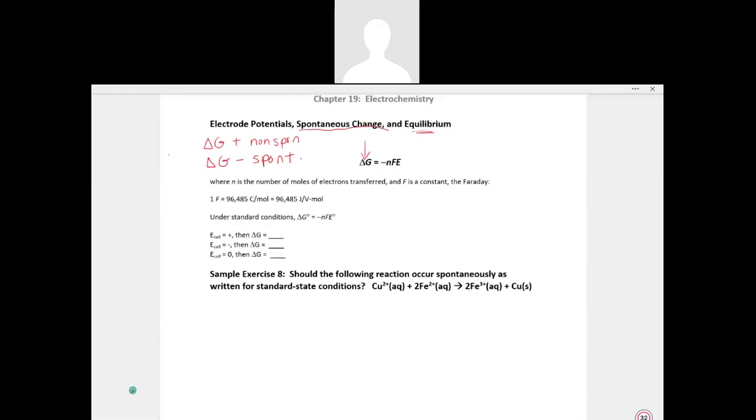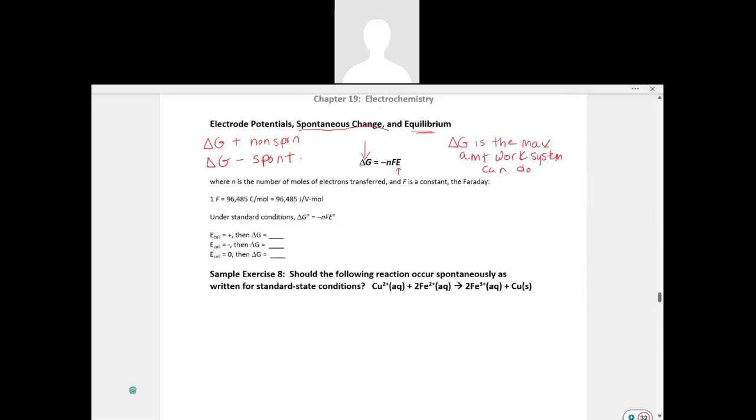But we can also relate the cell potential, which we reviewed in the last video, this E value here, to the Gibbs free energy of our system, which we know is the amount of work that a cell can do. So our delta G is the maximum amount of work a system can do.